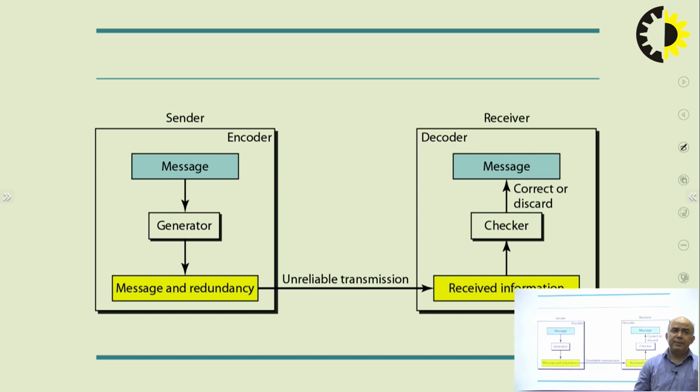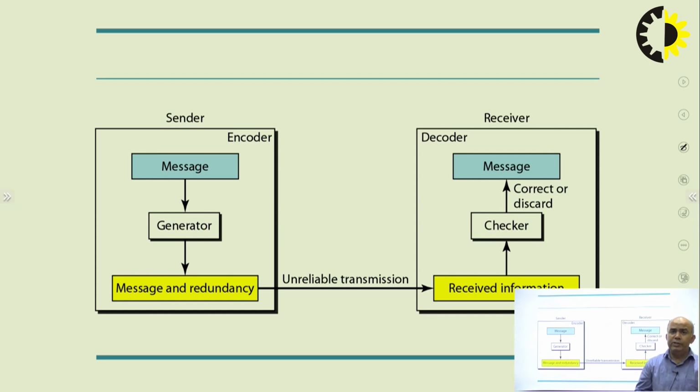Here the message is transmitted, and we use the generator to generate the code words for that message. Then it is sent over the unreliable transmission media. Once the message is received, we have to check it.